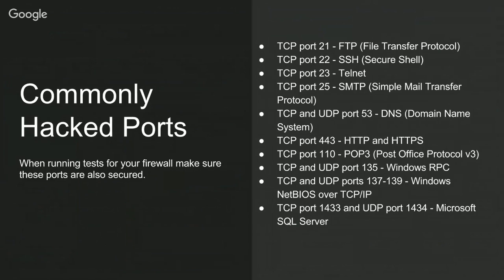Some of those ports include port 21, which is FTP, port 22, which is SSH, port 23, which is Telnet, port 25, which is SMTP, TCP and UDP port 53, which is DNS, port 443, which is HTTPS, port 110, which is POP3, and TCP and UDP port 135, which is Windows RPC.